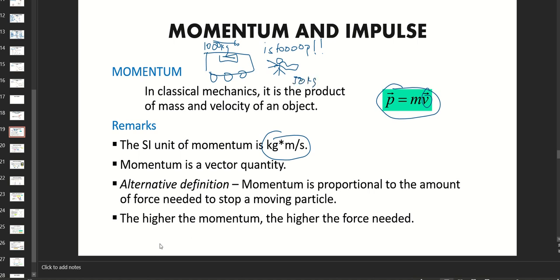Tapos, gumagalaw ito ng 40. Abay, matindi. So, ano yung mangyayari kay Superman kapag yung bus tumatakbo ng 40 tapos ang bigat niya 1,000 kilogramo? Ilan dapat yung force ni Superman para i-stop yan? Malalaman natin using this formula.